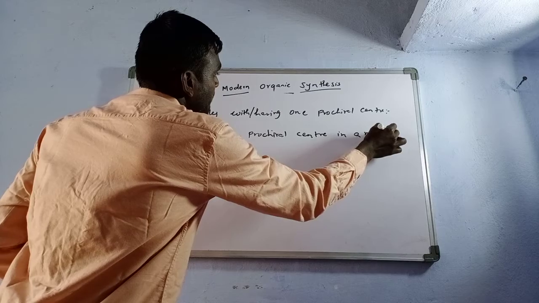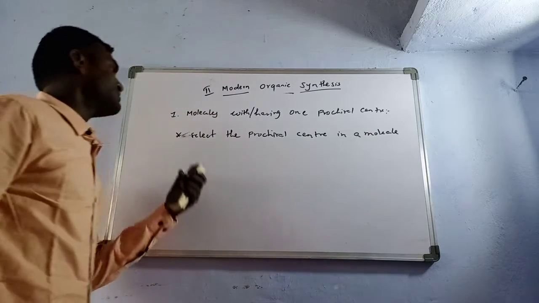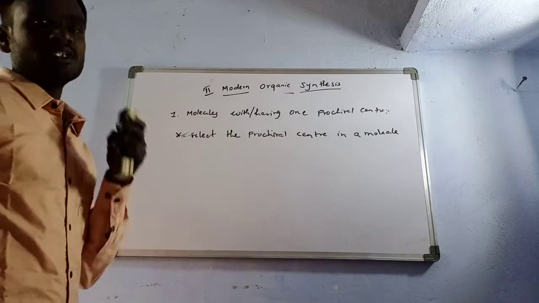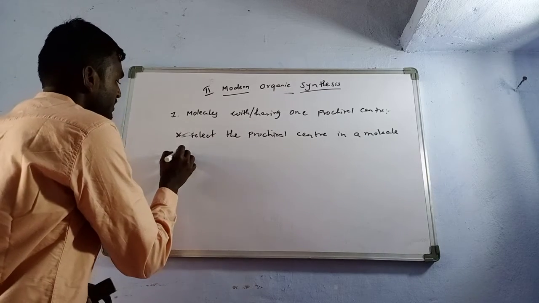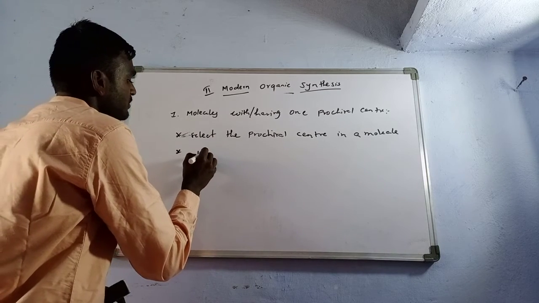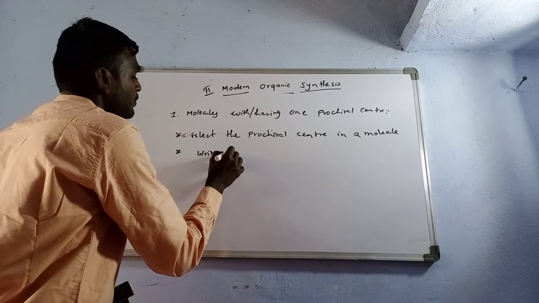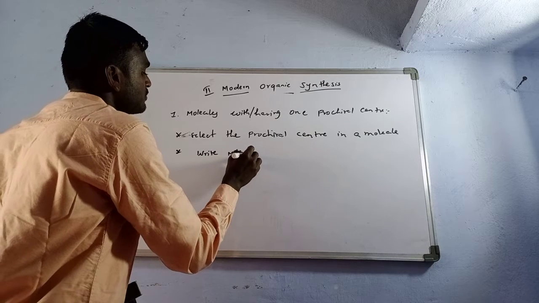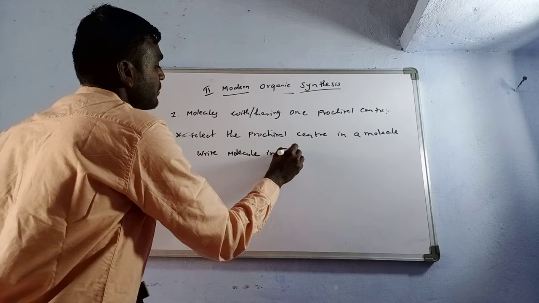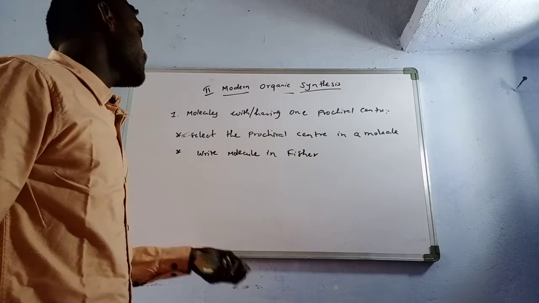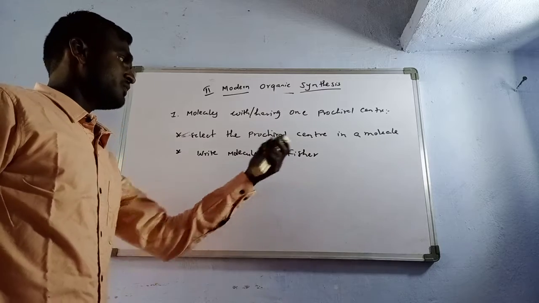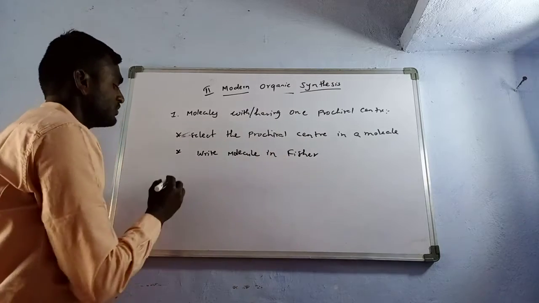Whenever you see the molecule, you should select which one is the prochiral center. The second point: write the molecule in Fischer projection form. After seeing the molecule, you should write it in Fischer projection form.